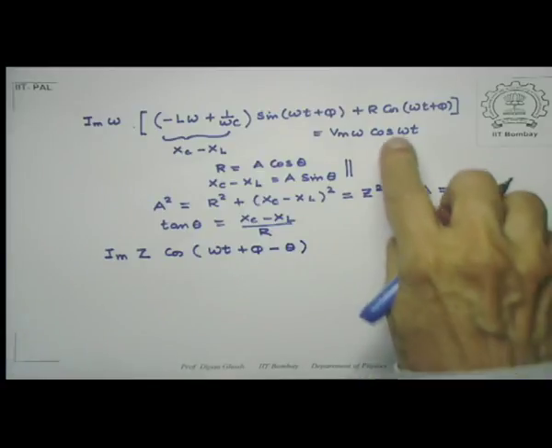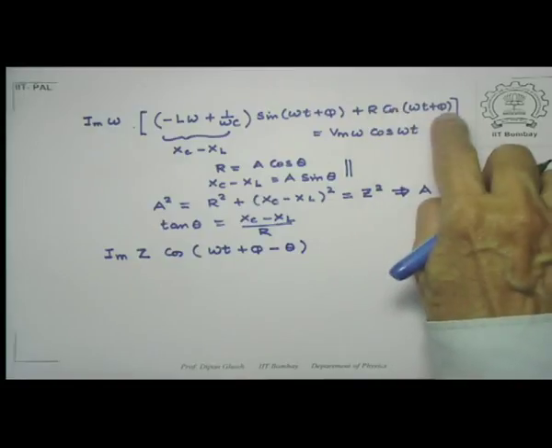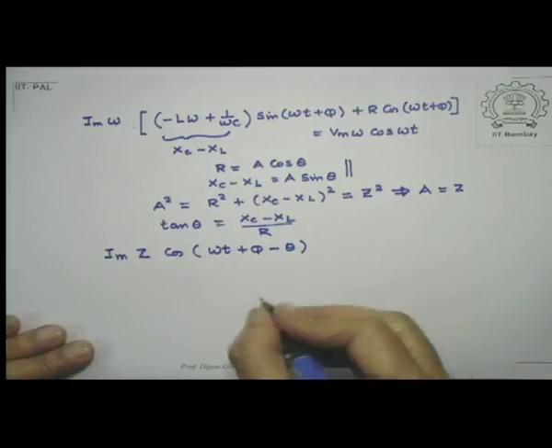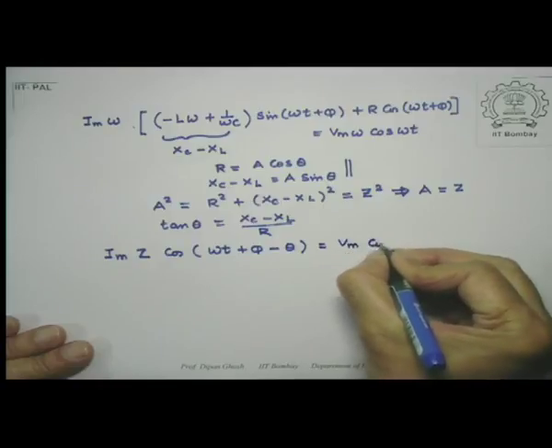That is just because I have taken this r to be a cos theta. So, this is a cos theta cos omega t plus phi, plus a sin theta sin omega t plus phi. So, this is what I get, and that quantity is equal to Vm cosine of omega t.